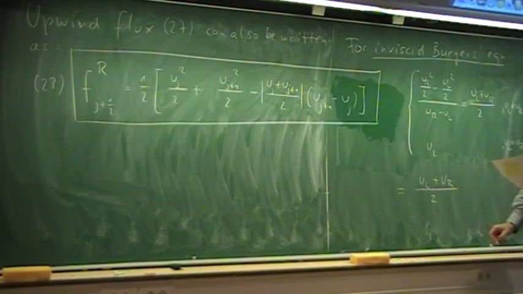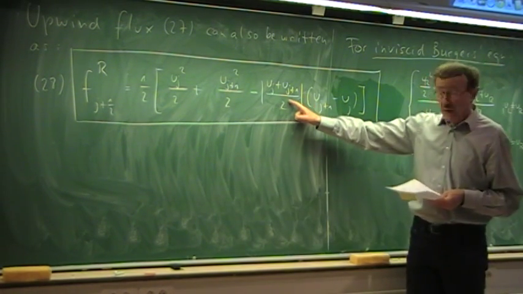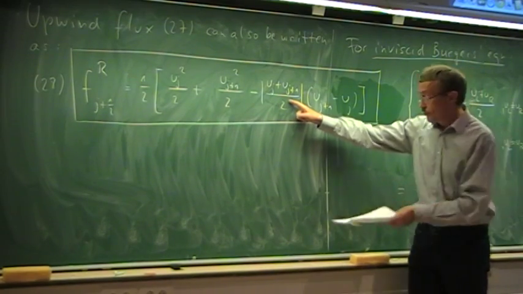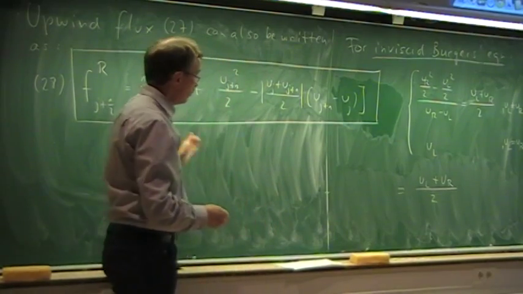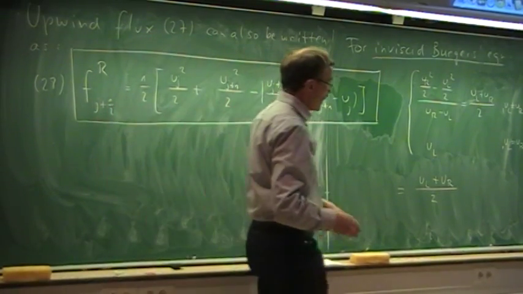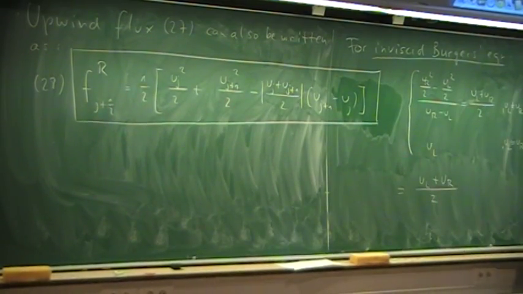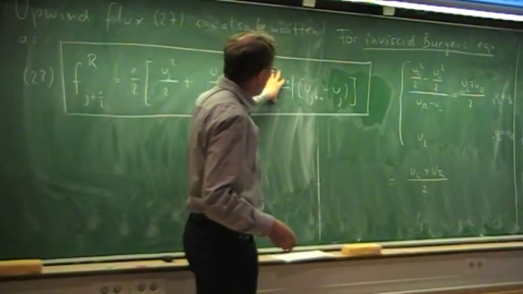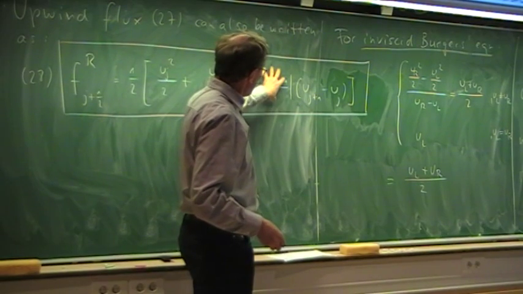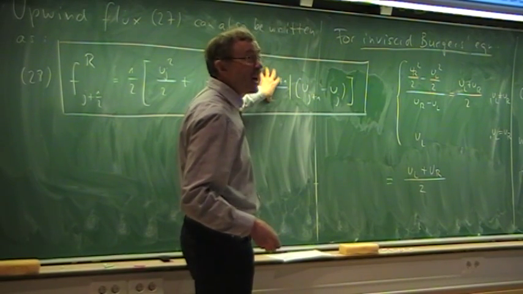Now, you can prove that yourself, that that is true, by considering the two cases. Either this is greater or equal than 0, then you can remove the absolute values, and then you should get this result here. If the characteristic speed is negative, then you replace this expression by minus.